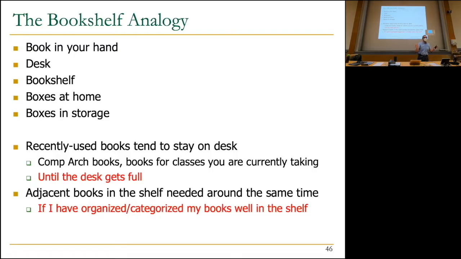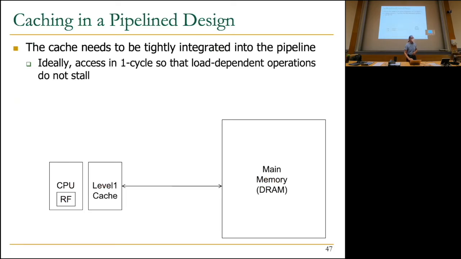Spatial locality works if your data is organized nicely and you're touching a region of memory around the same time. Okay, I like this analogy because I think it shows both temporal and spatial locality as well as the trade-offs in the memory hierarchy. Of course, we can go deeper and deeper and analyze this bookshelf, but that gets boring after some time.